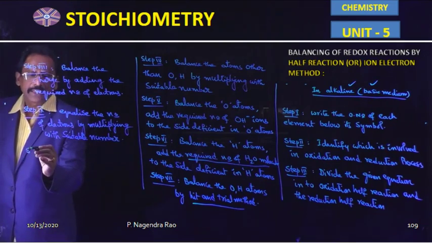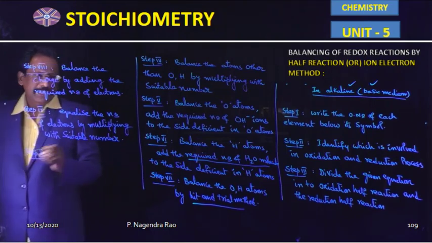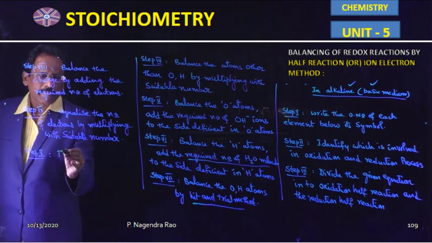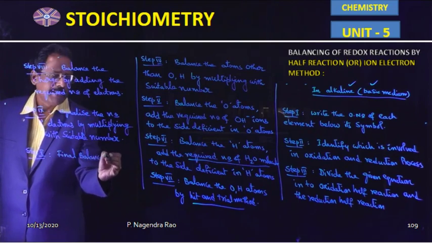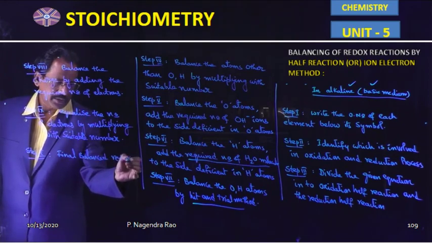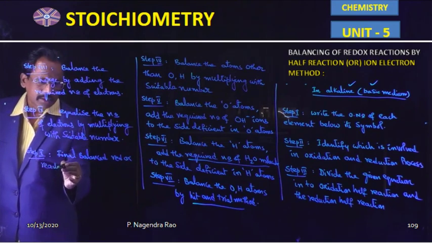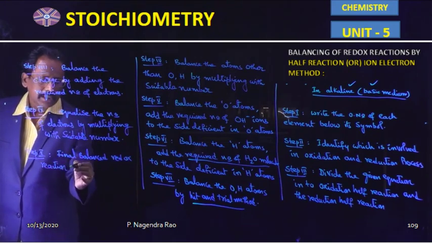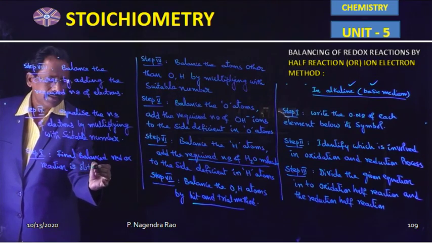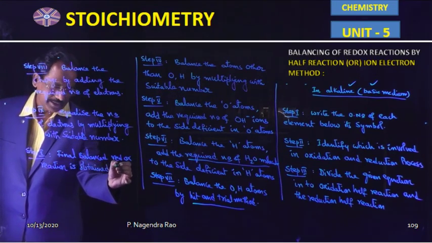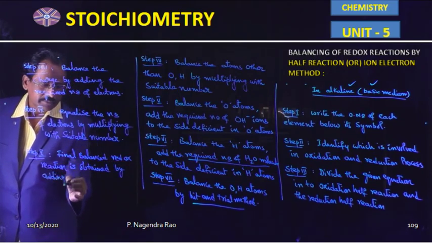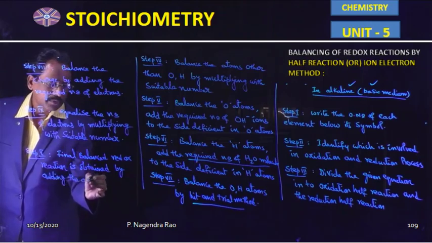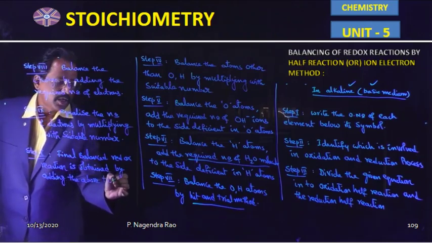And the last one is the final balanced redox reaction is obtained by adding the above two half reactions.